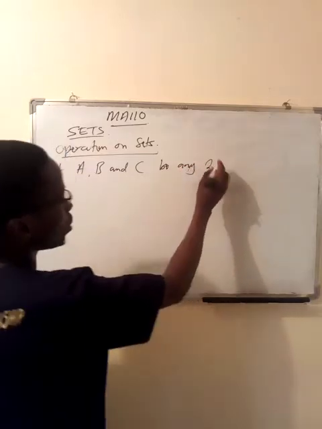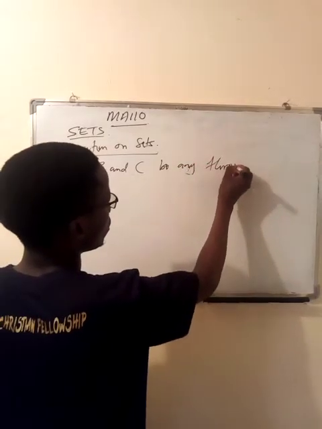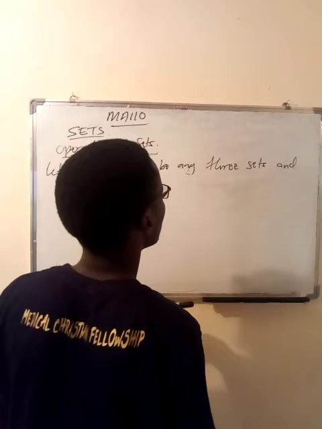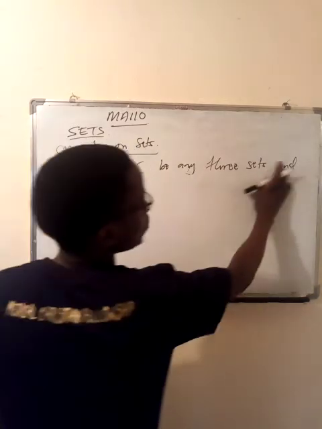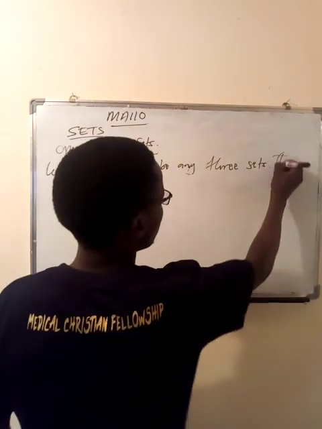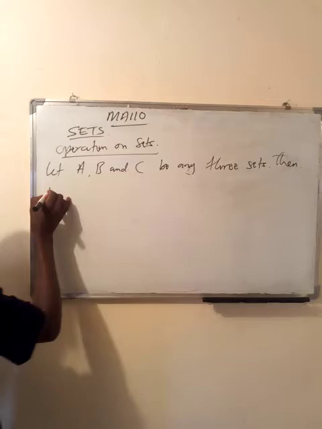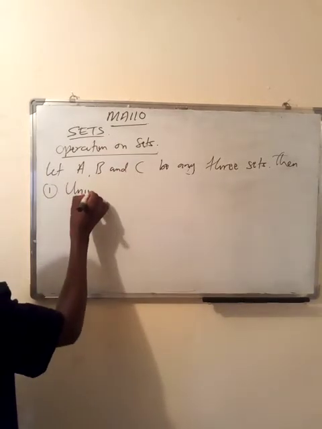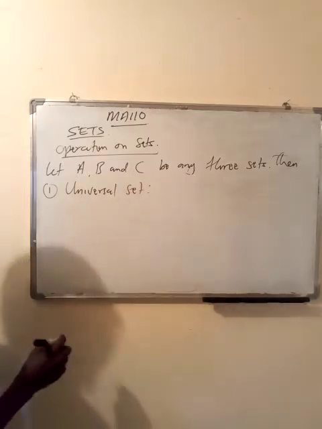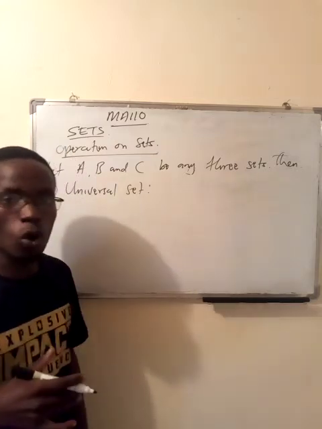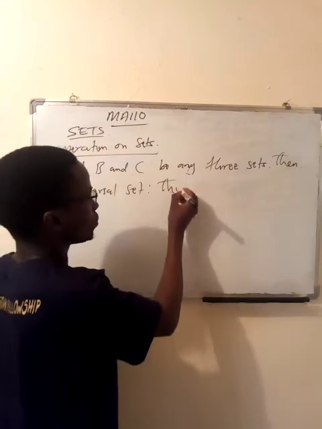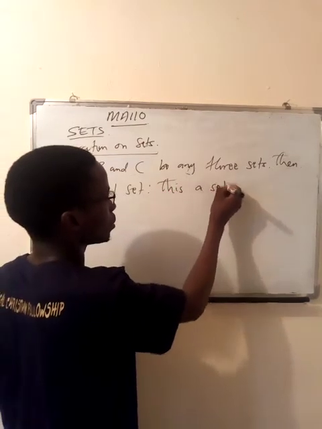The universal set is a set that contains all elements and sets under discussion. So if we have a number of elements, a set that is going to contain all of them is what is called the universal set.